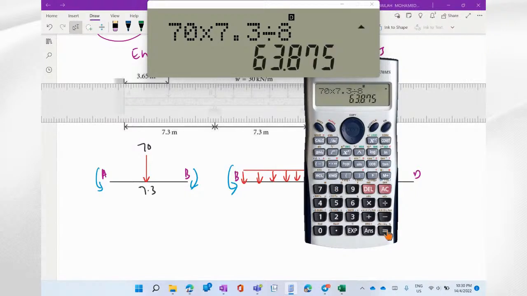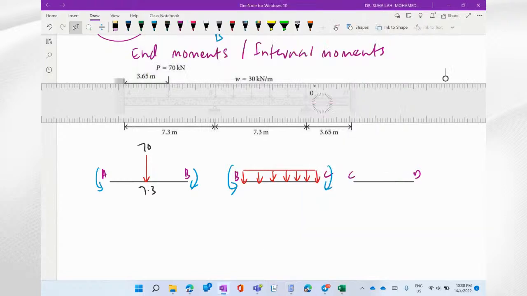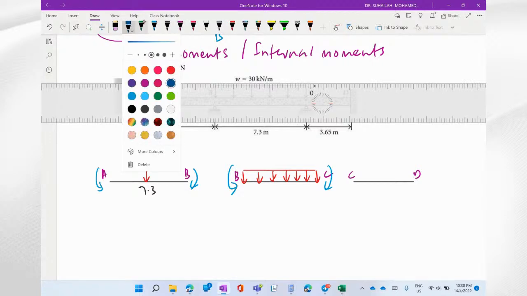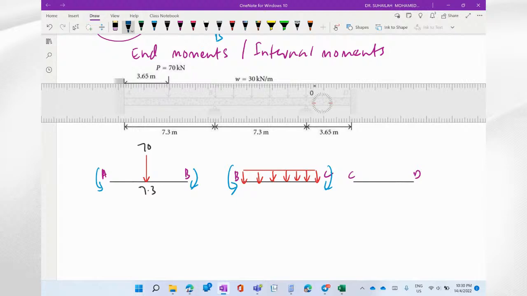So we get 63.875, the fixed end moment for AB. 63.875 for both. This is FEM due to loading.